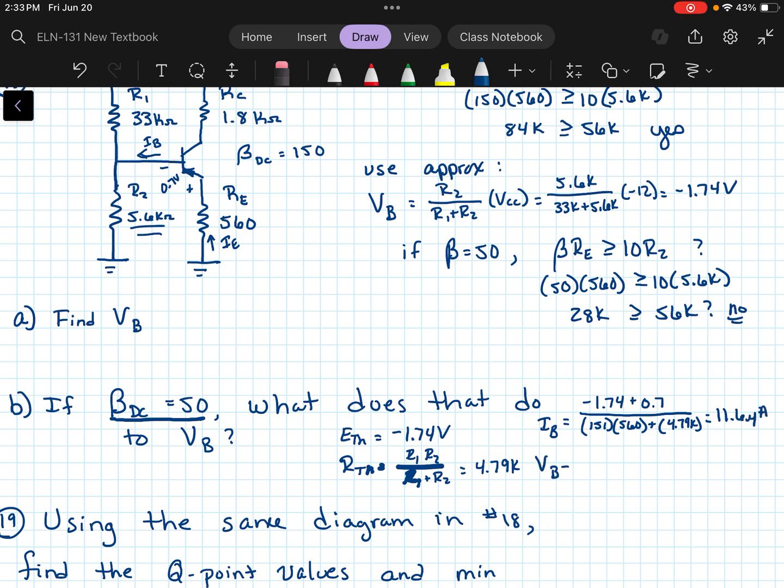microamps. So VB would be the E Thevenin plus the drop across R Thevenin, which would be the 11.6 micro times the 4.79K. And let's see what that would make.